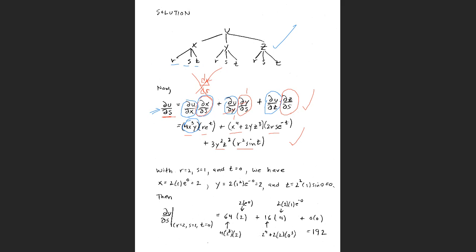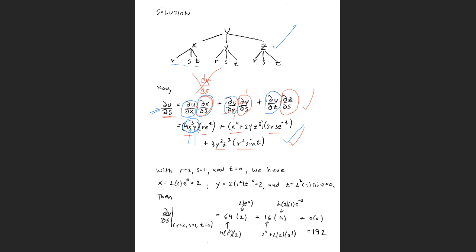They'll substitute in that x is equal to r times s times e to the t, and y is equal to r times s squared times e to the negative t. They'll substitute that in, and they'll get this huge function here of r, s, and t. Sometimes you might need to do that, but you don't need to do that here.